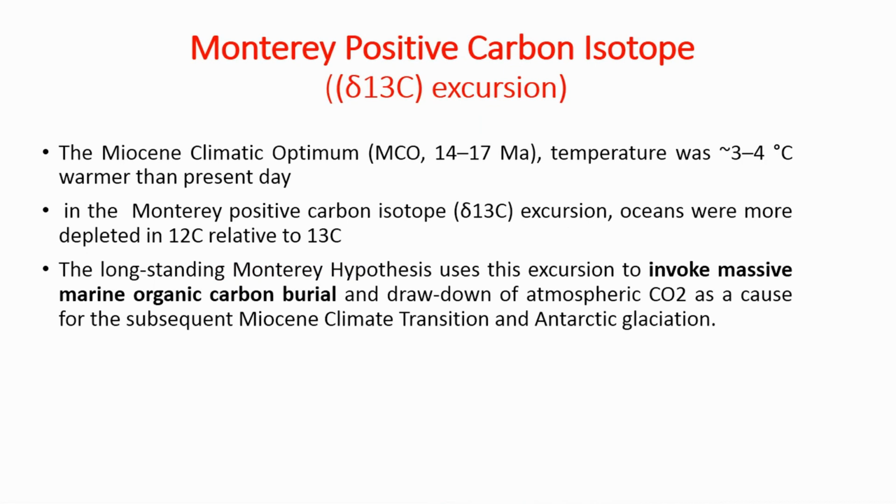Monterey positive carbon isotope, delta carbon 13 excursion. The Miocene climatic optimum, MCO, 14 to 17 million years ago. The temperature was 3 to 4 degrees C warmer than present day. Also in the Monterey positive carbon isotope, delta carbon 13 excursion, oceans were more depleted in carbon 12 relative to carbon 13.